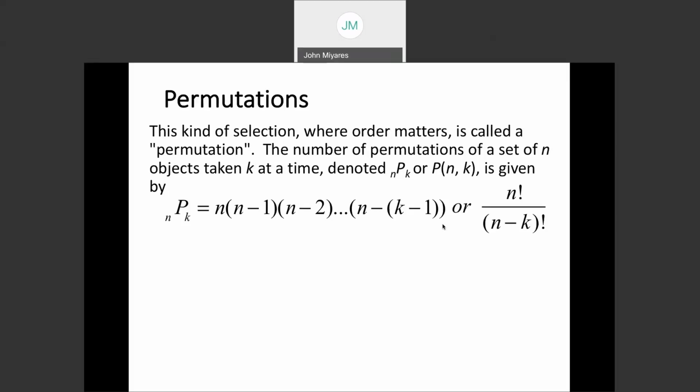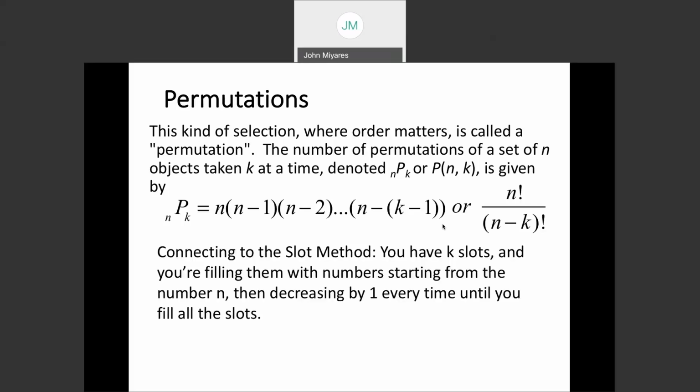Or it could simplify as n factorial over n minus k factorial. Connecting this to the slot method, what we're essentially saying is I have n objects I'm grabbing and k slots to fill. So we're going to fill them in starting with the number n and decreasing by 1 every time until you fill all the slots.